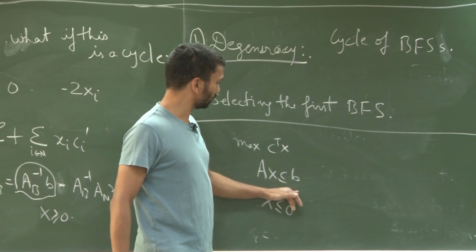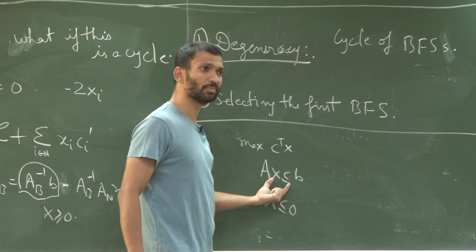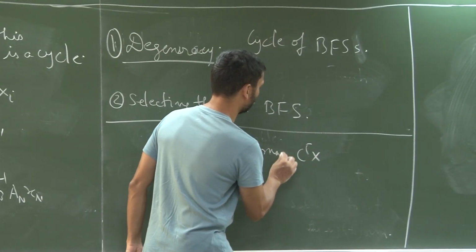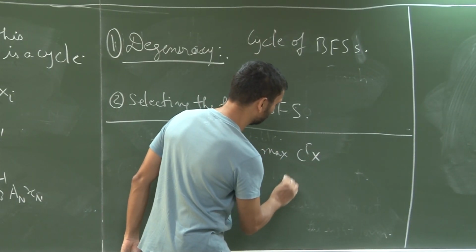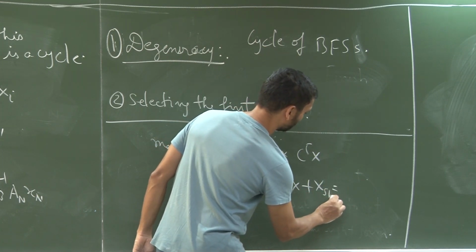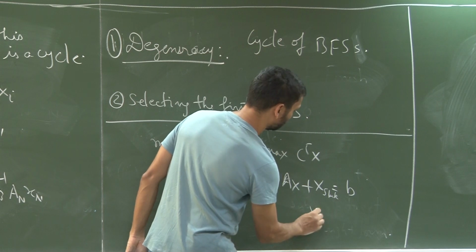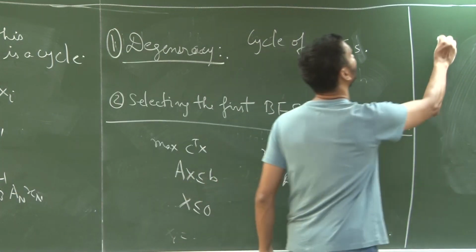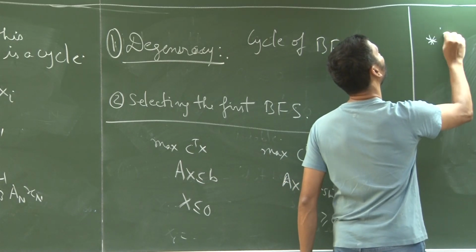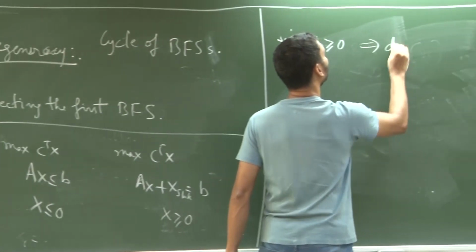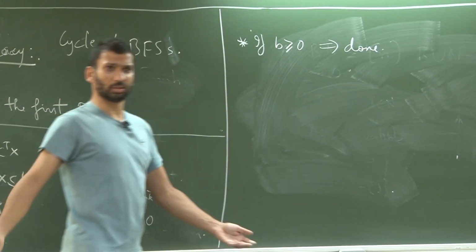Now we put slack variables so that these become equalities. So then max. And now, if B was entry-wise positive, done.